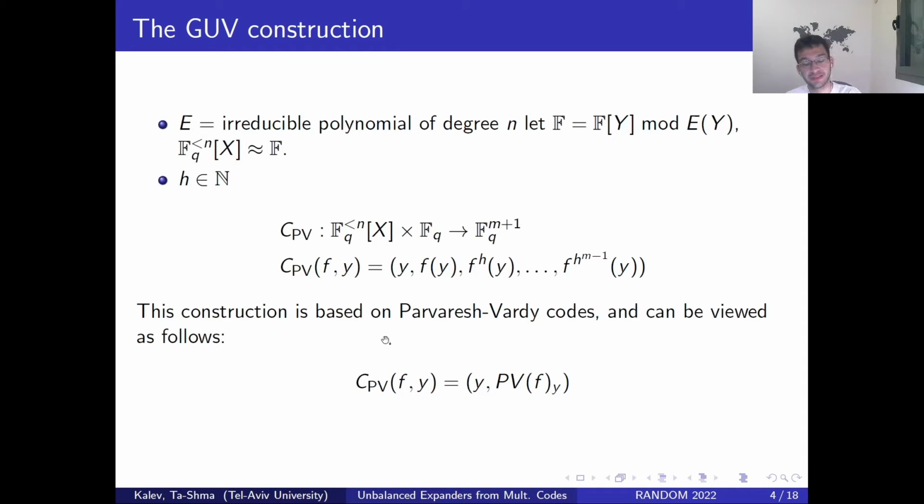Note that this construction is based on Parvaresh-Vardy codes, which are codes with very good list decoding radius, and this construction can be viewed in the following way: f and y, the y-th neighbor of f, is connected to the y-th coordinate of the encoding of f under Parvaresh-Vardy codes.